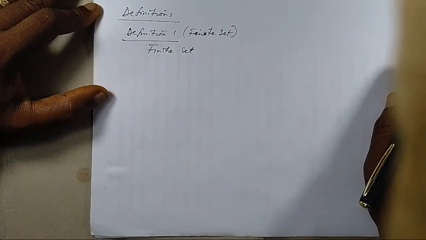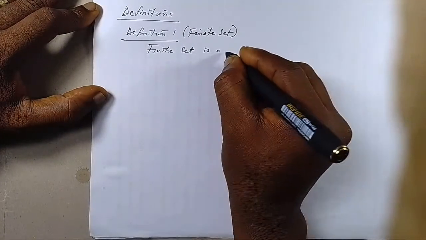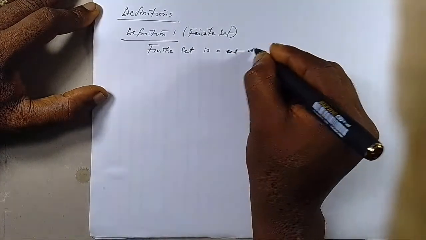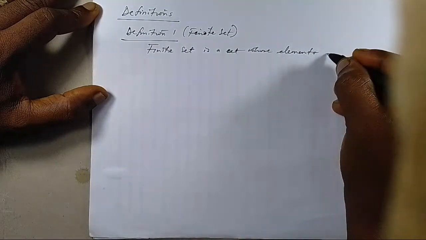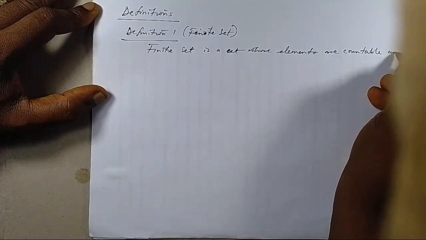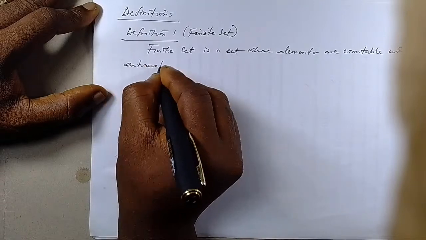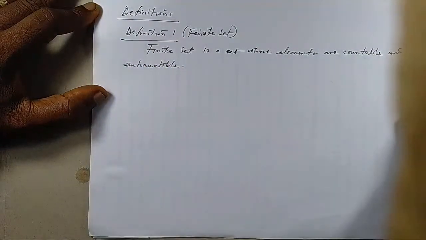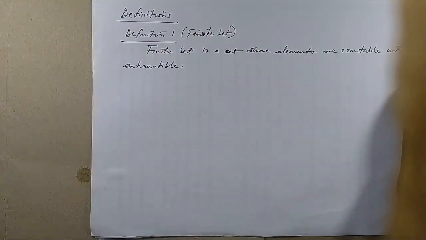So what is a finite set? A finite set is a set whose elements are countable and exhaustible. I repeat, a finite set is a set whose elements are countable and exhaustible.